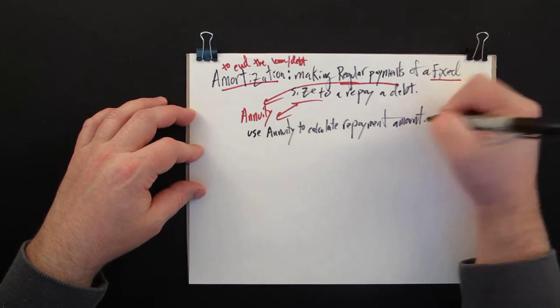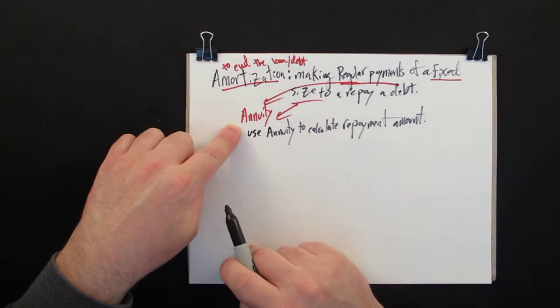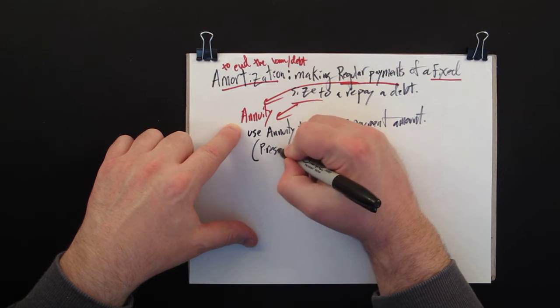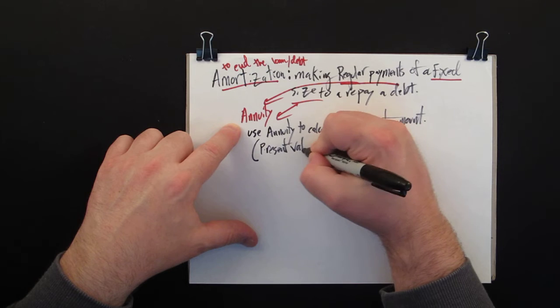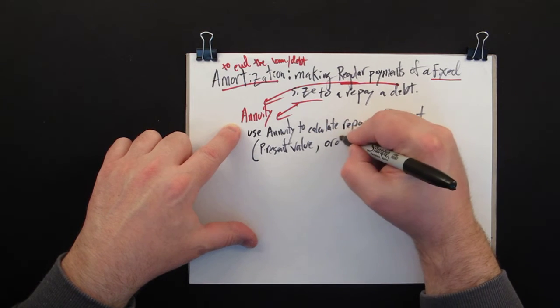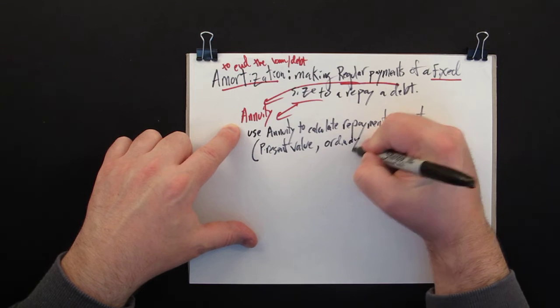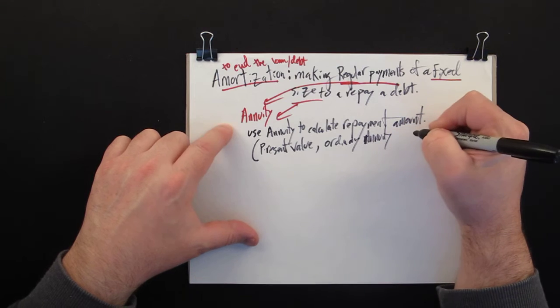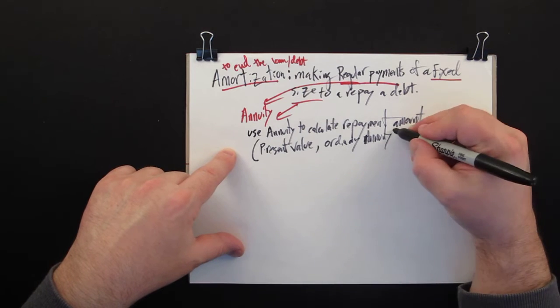Okay, and specifically here, we're talking about the present value for an annuity, and usually we're going to keep this as an ordinary annuity. You can use other types of annuities, but that just makes it more complicated.